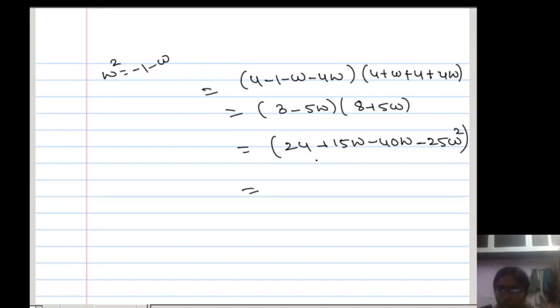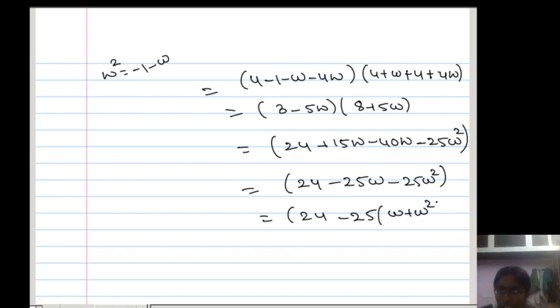Okay, so I can write this again: 15 omega minus 40 omega can be written as minus 25 omega. So 24 minus 25 omega minus 25 omega square. Now 24 minus 25 is common, omega plus omega square.